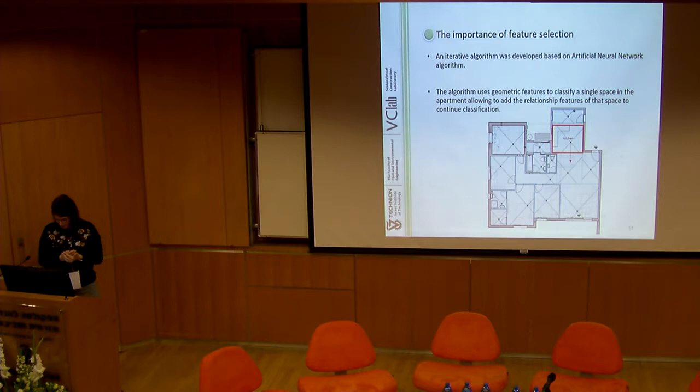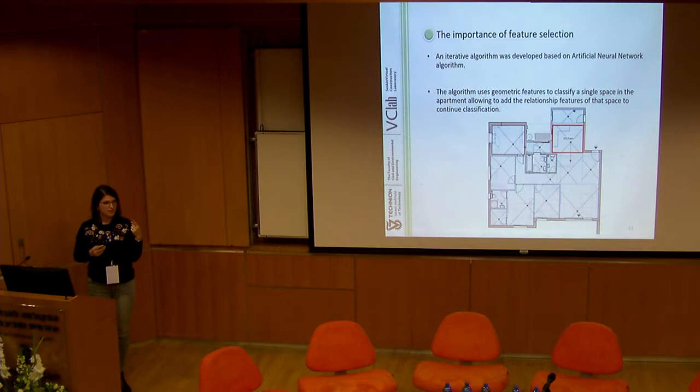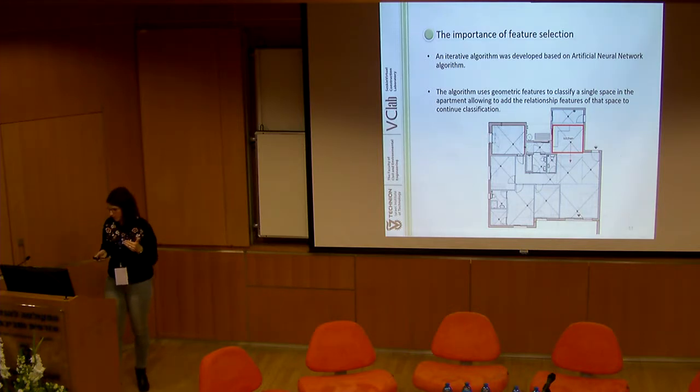And so what we did, we developed an iterative algorithm that is based on artificial neural networks, but what it does, it classifies a single space out of the whole apartment based on only geometric features, and then the connection features can be added, so the classification continues until you get all the spaces of the apartment.